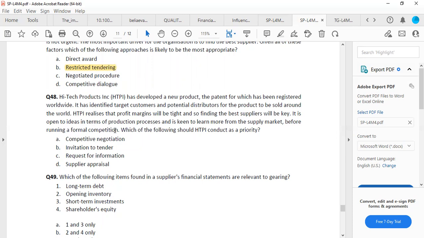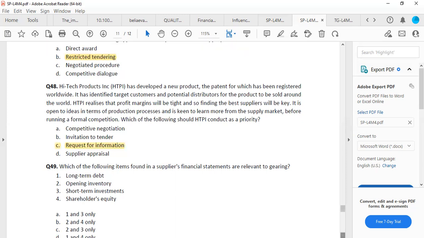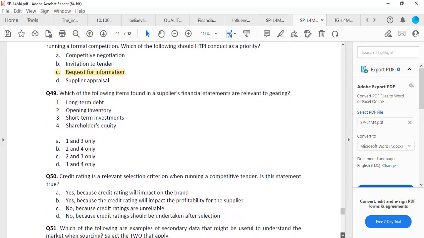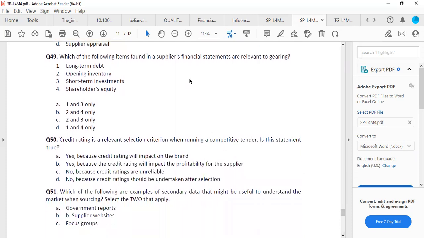It is open to ideas in terms of production processes and is keen to learn more from the supply market before running a formal competition. Which of the following should HTPI conduct as a priority? Competitive negotiation, invitation to tender, request for information, supply appraisal. Request for information.